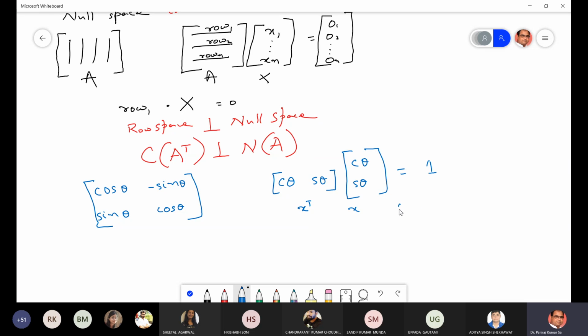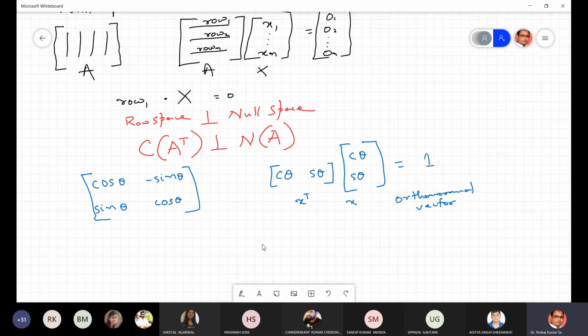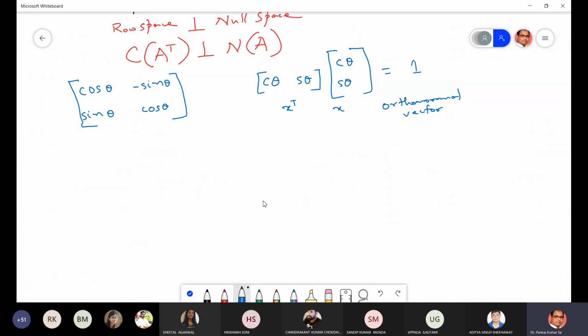That means this is an orthonormal vector. So each column is an orthonormal vector, right? And this matrix is very famously known as a rotation matrix.